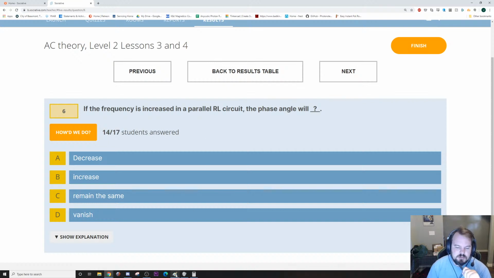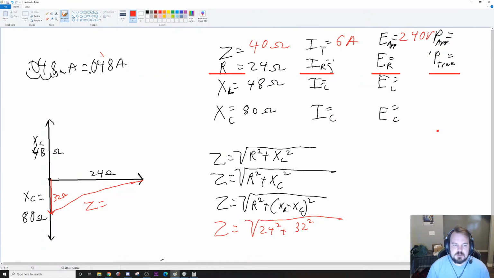Okay, so there is no longer a triangle for impedance. Like, that does not apply. There is a formula for impedance in your book. It's unnecessary and complicated. I don't recommend using it.